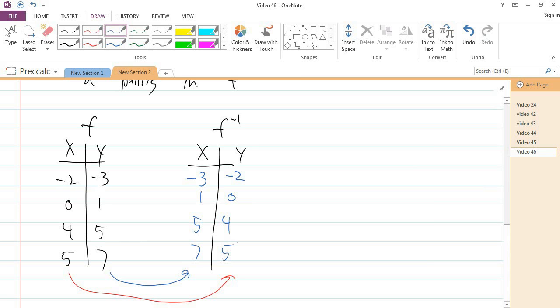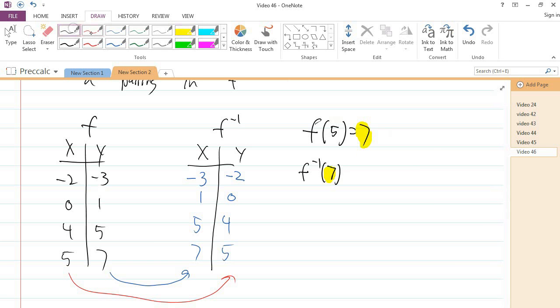So in this example, we see that f of 5 equals 7. Therefore, f inverse of 7, remember that this was a y value in f.